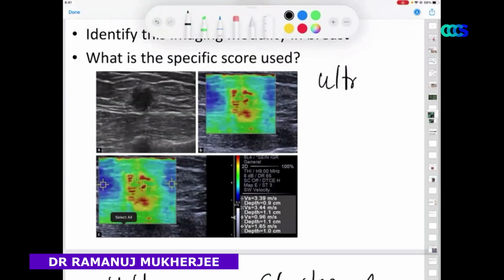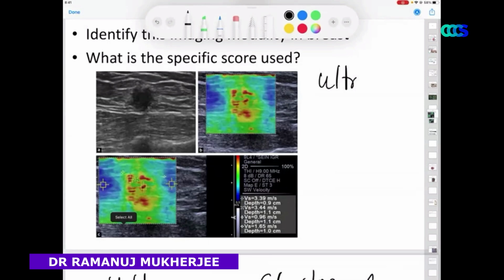Determine the amount of fibrous tissue. Okay. Determine the invasiveness. Invasiveness. Okay, right, sir. Hardness of the tissue.